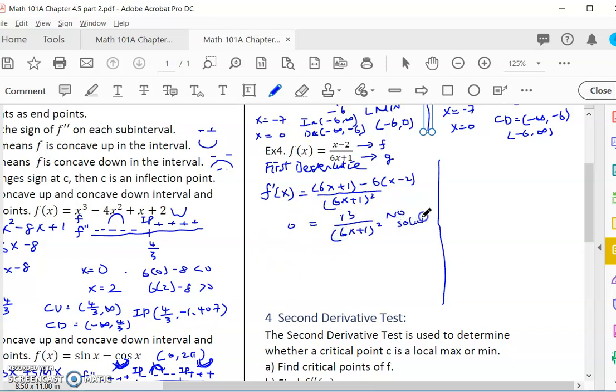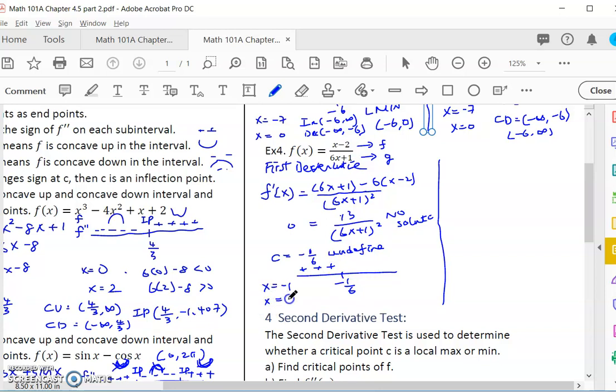But there is an undefined number at what? X equal to negative 1/6, for undefined, right? Undefined for this. So let's figure out what it is. When I plug it in, f prime is always positive, for x equal to negative 1.